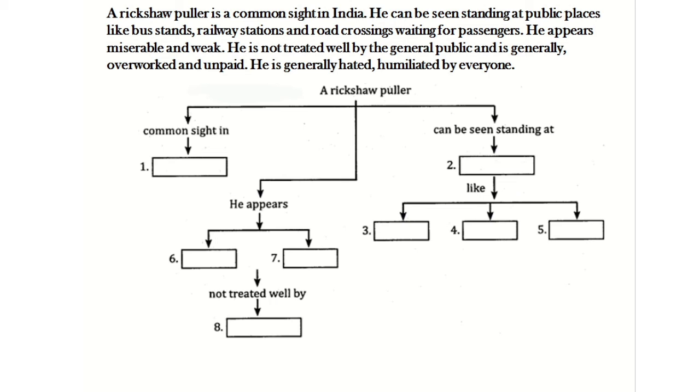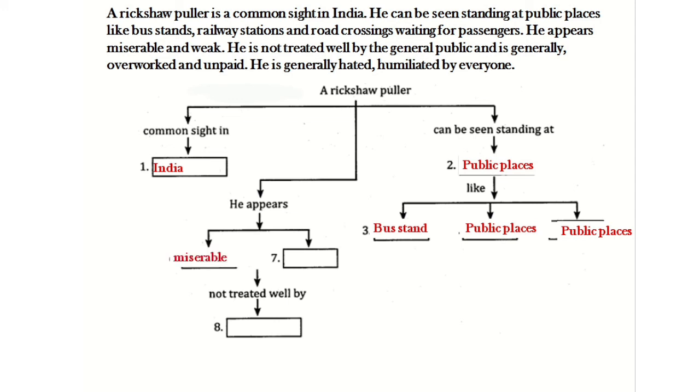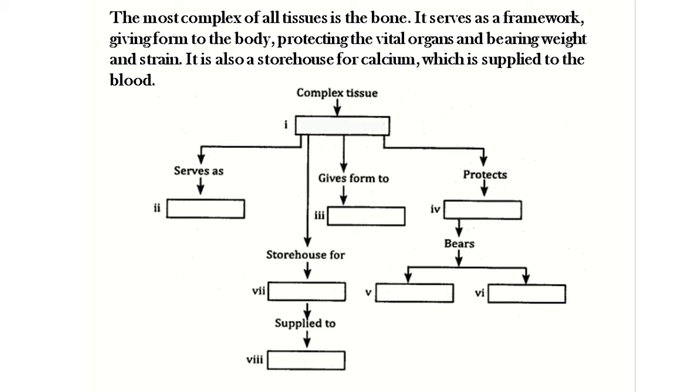Here, the common sight in India is at public places like bus stands and railway stations. The rickshaw driver appears miserable and weak, and is not well treated by the general public. See, like this, by using the paragraphs we have to collect the key points to fill the tables.